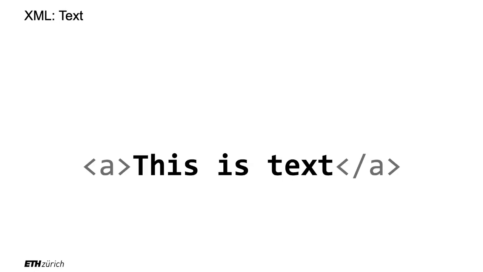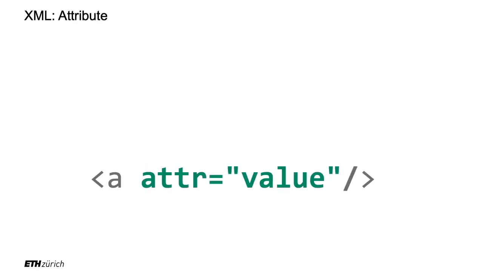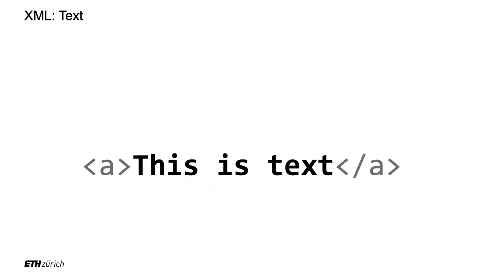XML is extremely strict. Just an example. In HTML, the attribute values don't have to be quoted. In XML, they do. If you don't quote them, then the processor will complain, right? So you can see it as HTML, but stricter, but also more general, because HTML is just for web pages, but XML is for any kind of data you want, right? So the tag names can be absolutely anything.